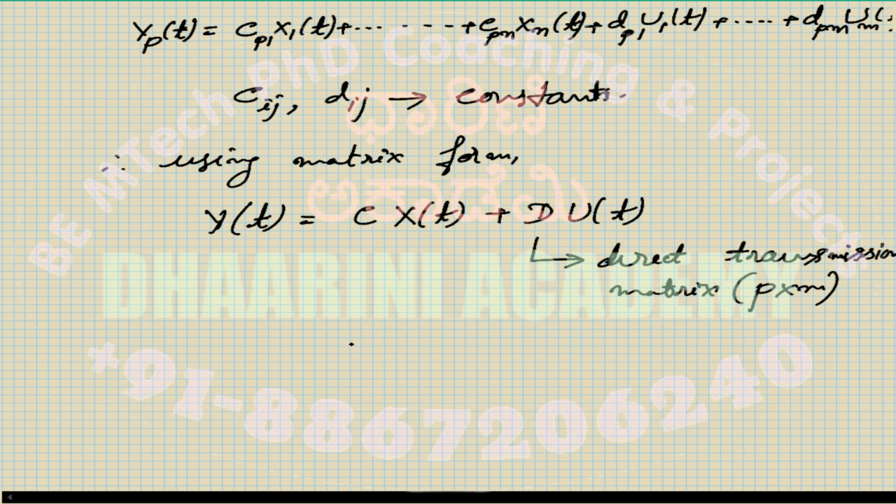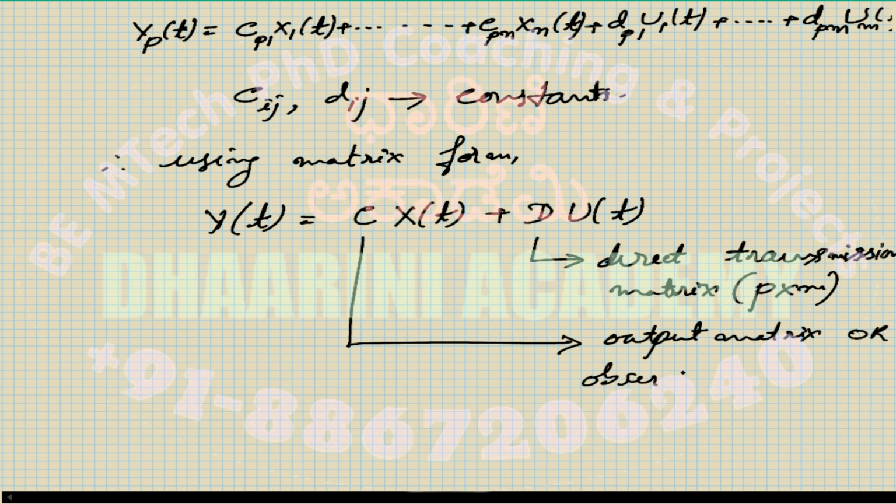Okay, the C is called as the output matrix or observation matrix. Or it's also called as the observation matrix. So what is the size of C?